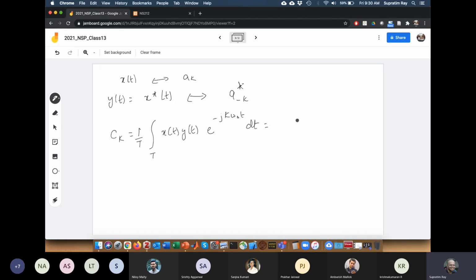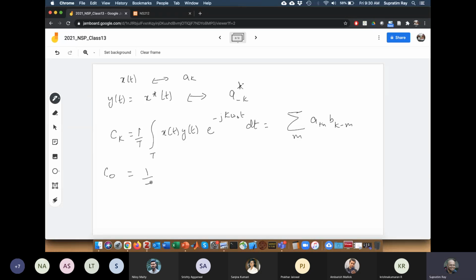But what we just proved is that this is also a summation of a_m b_(k minus m) over all m's. It's a convolution as well. This is what we had just shown. Correct? Right? Yes, sir.